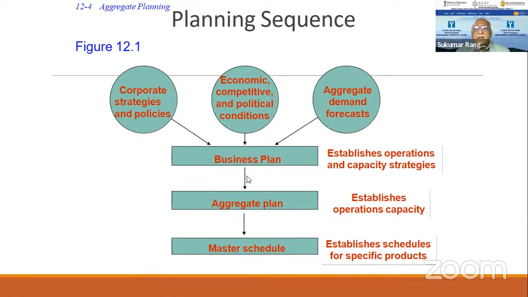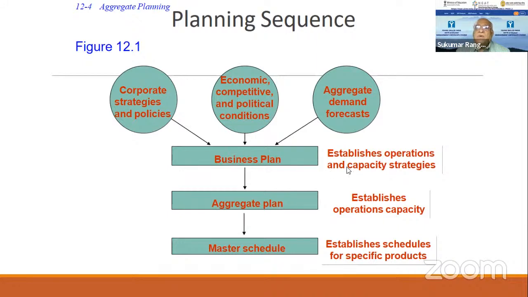This plan, which is usually discussed at the top management level, is then broken down into aggregate planning in terms of the product mix that needs to be produced, when to be produced, and the quantities for each one of those different types which need to be produced.